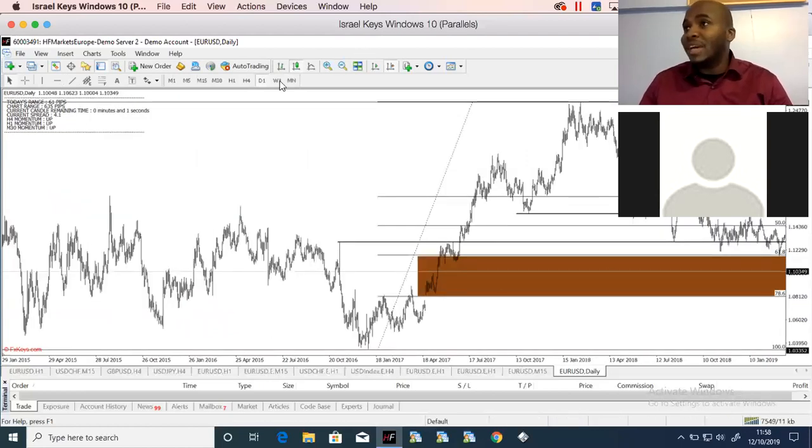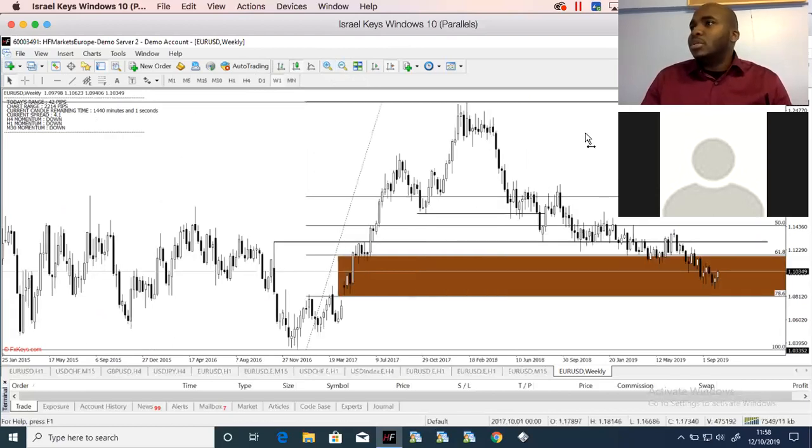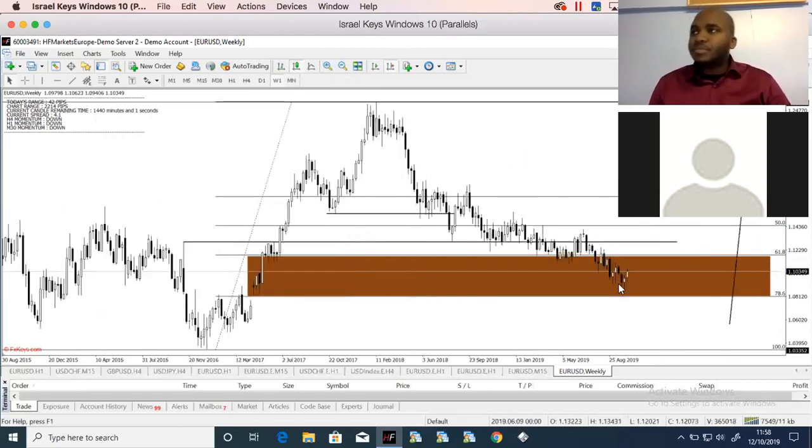So I know where I am in the market at all times. You can have a different color for your own charts, just something that works for you. You don't even need to have a color, but I just find it works well for me. So we're in here, and I'm expecting some sort of bounce somewhere in here.